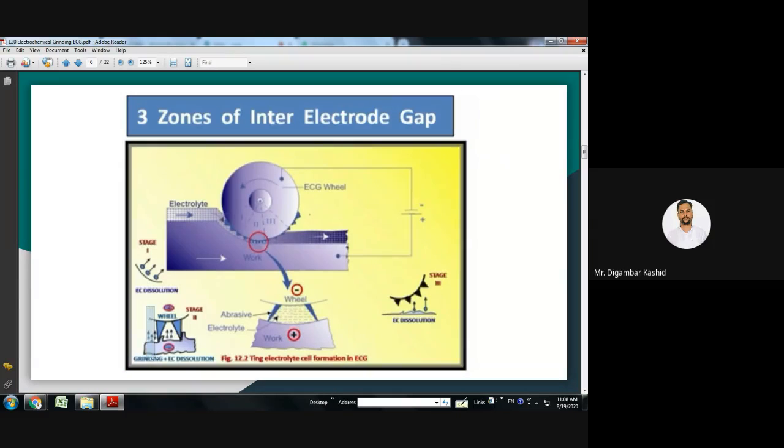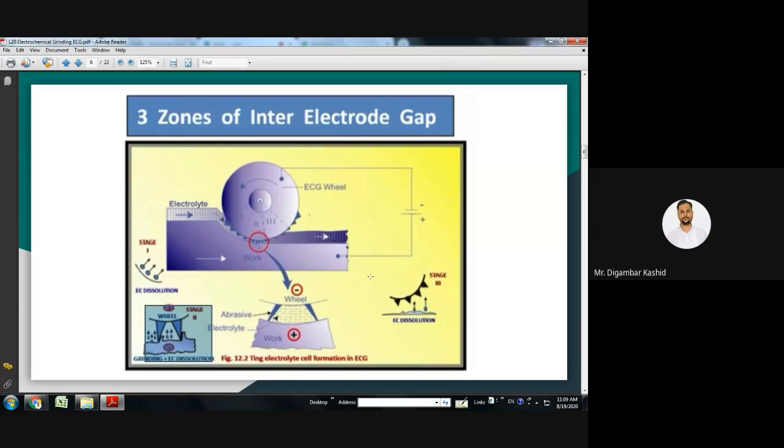Then in stage number 2, or zone number 2, there is a physical contact of your abrasive particles. I'm telling about the abrasive particles which are bonded on your grinding wheel. They will touch the workpiece surface. So there is grinding, that is mechanical abrasion, plus electrochemical dissolution, and due to that action material removal takes place.